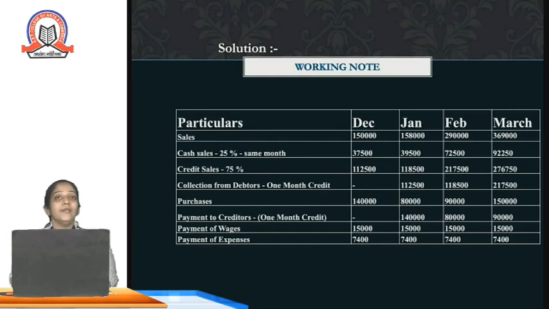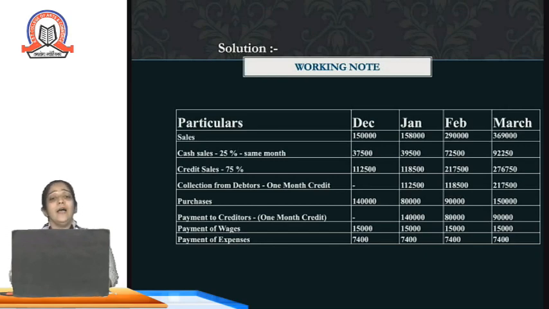So here, what will be the adjustment? As you can see in the table, I have bifurcated the sales into two categories. Number one is cash sales and number two is credit sales. Cash sales is 25%, which I am going to receive in the same month. So 1,50,000 into 25% will be 37,500, and simultaneously I have calculated the values for the next months, that is January, February and March.